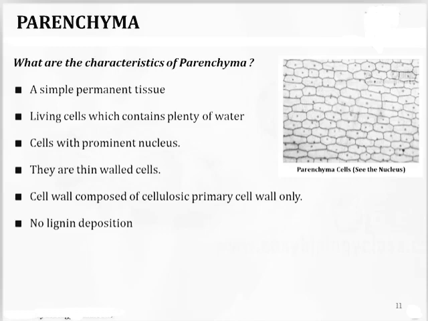Fundamental or ground tissue upon which other simple and conducting tissue appear to be embedded. These living cells contain plenty of water. They are thin walled cells, and these parenchyma cells are composed of cellulose, pectins, and hemicellulose, and there is no lignin deposition in them.